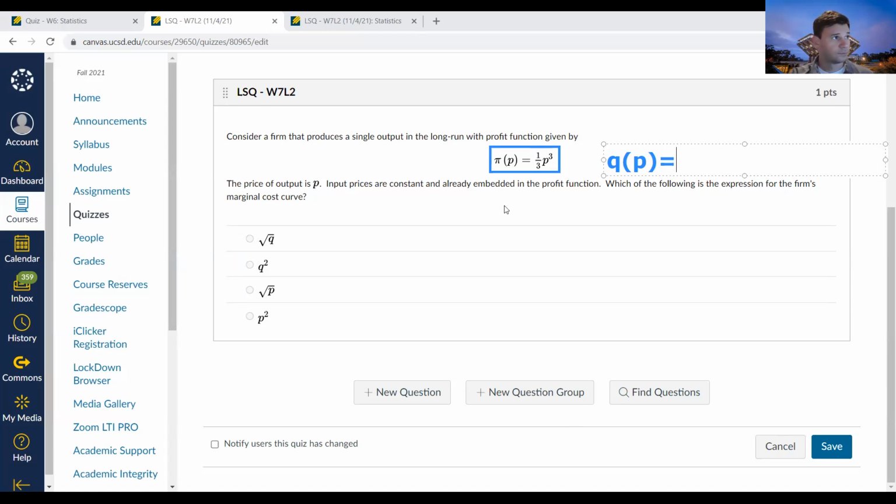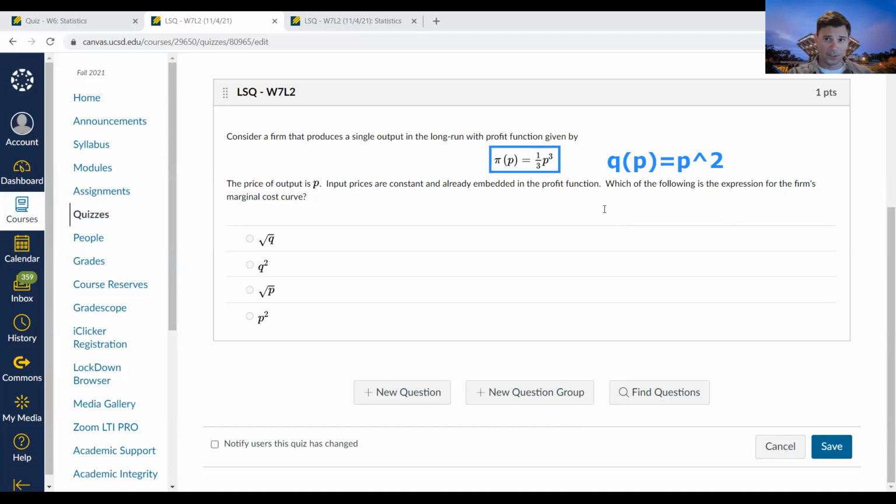And you get Q equals what? Good. You get Q equals P squared. Just use your power rule to take that derivative: 3 comes in front, exponent goes down by 1.